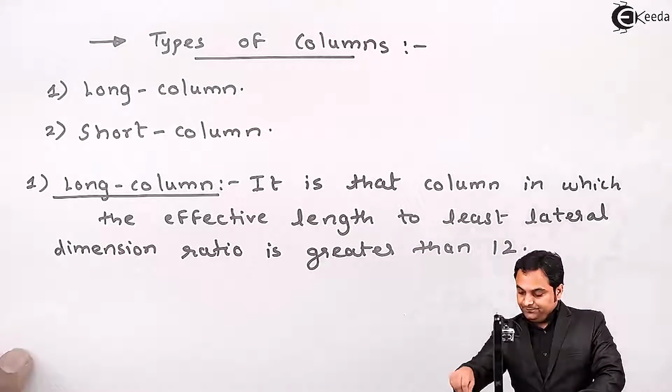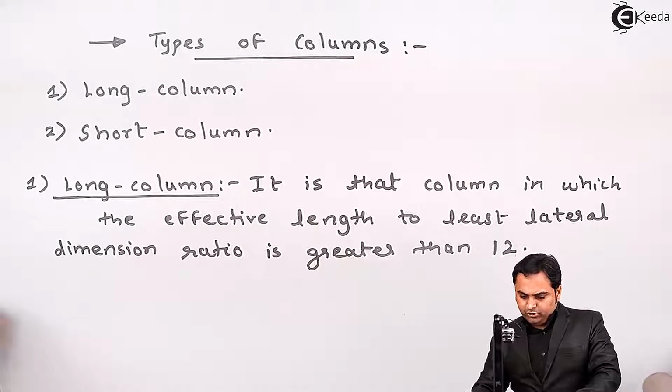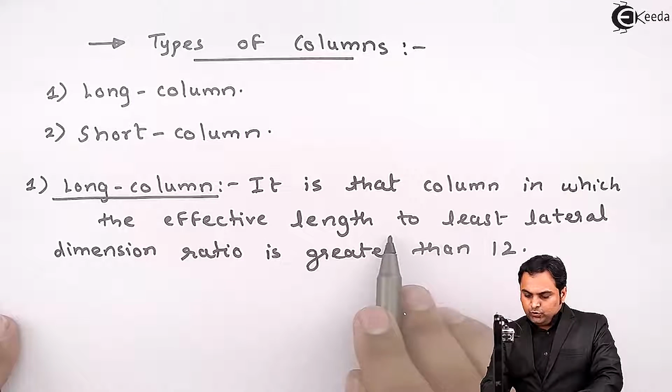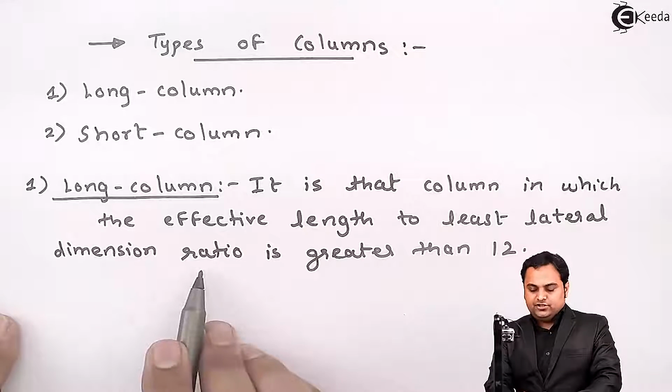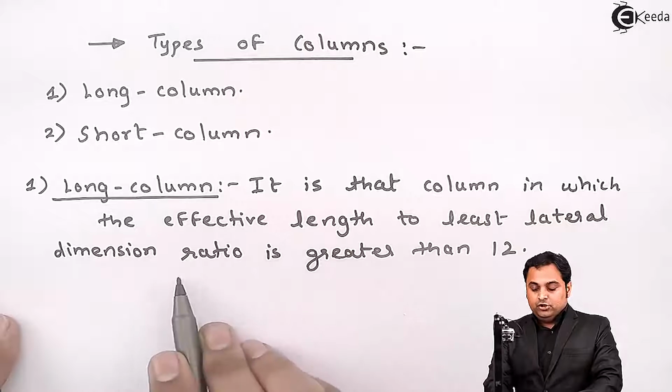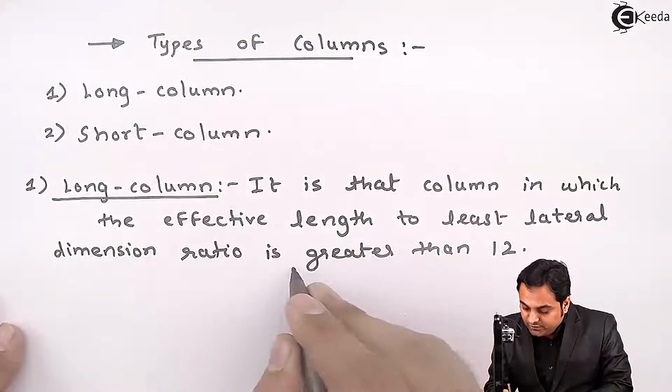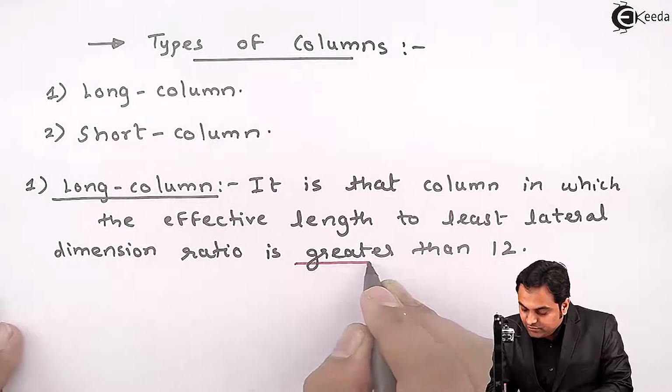So here I have written the definition for the long column. It is that column in which the ratio of effective length to the least lateral dimension should be greater than 12. Then only we'll say that it is a long column.